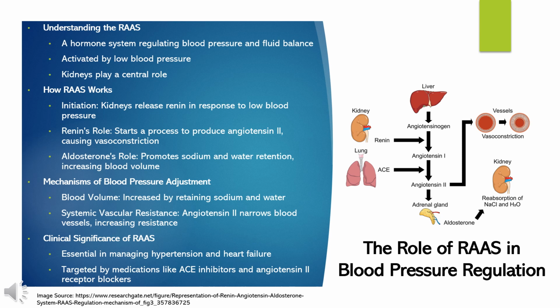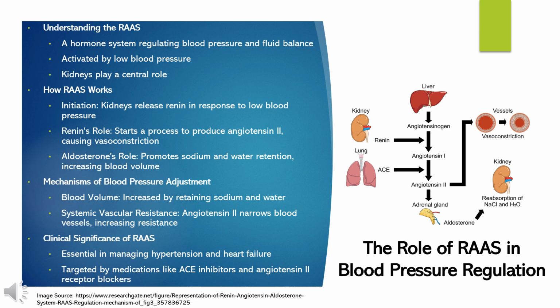The kidneys play a starring role in this system. They're not just about filtering waste, they're also crucial in controlling blood pressure. So, when the kidneys detect a fall in blood pressure, they release an enzyme called renin into the bloodstream. Renin starts a chemical cascade that produces angiotensin II, a powerful vasoconstrictor.